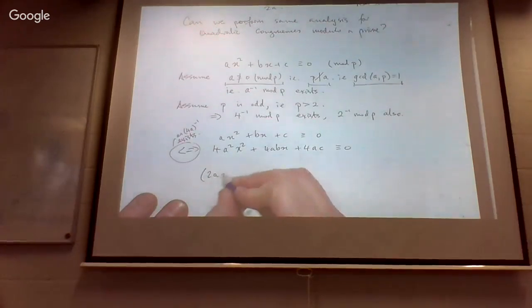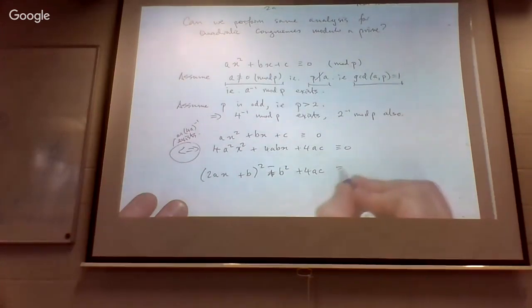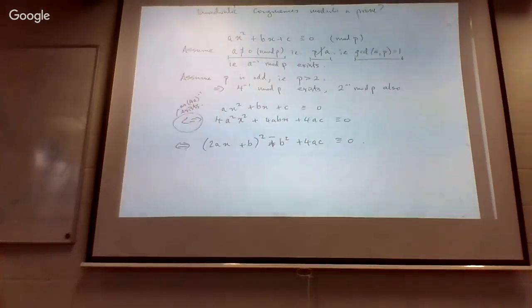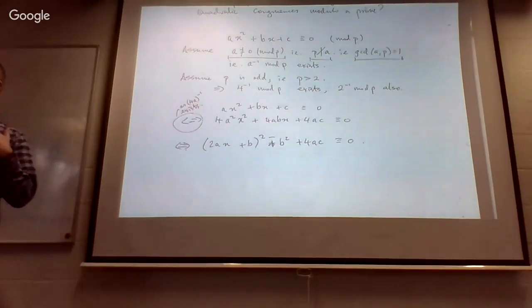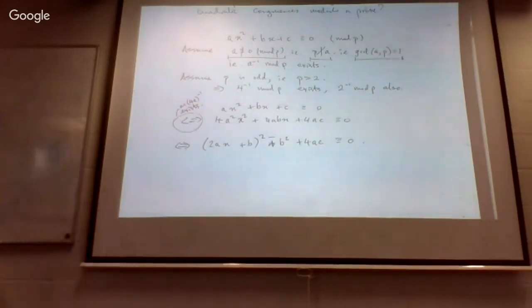Completing the square then can be done in exactly the same way. Minus b squared plus 4ac. Use of the multiplication and addition operations, modulo p, they all work the same way. And there's nothing wrong with this.